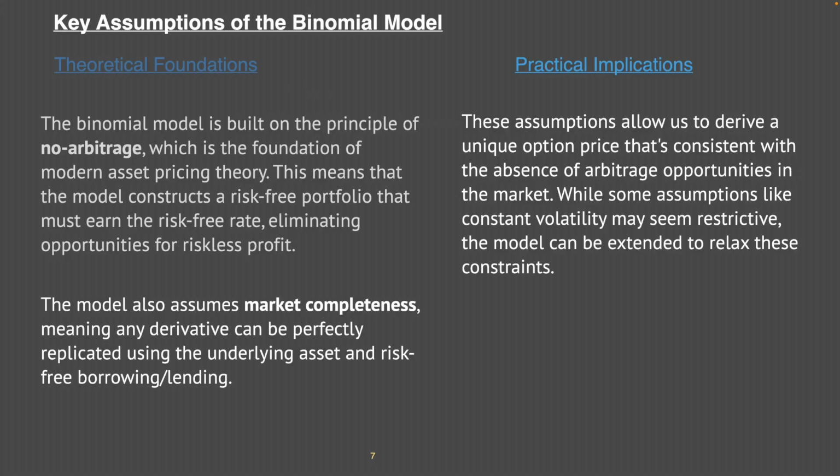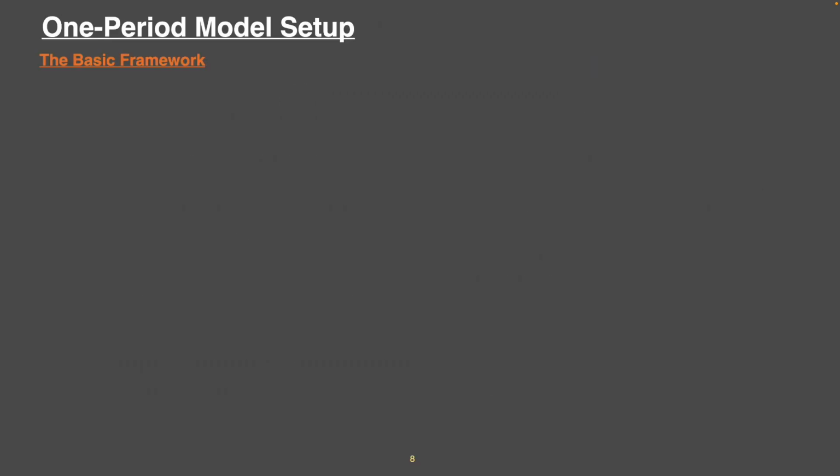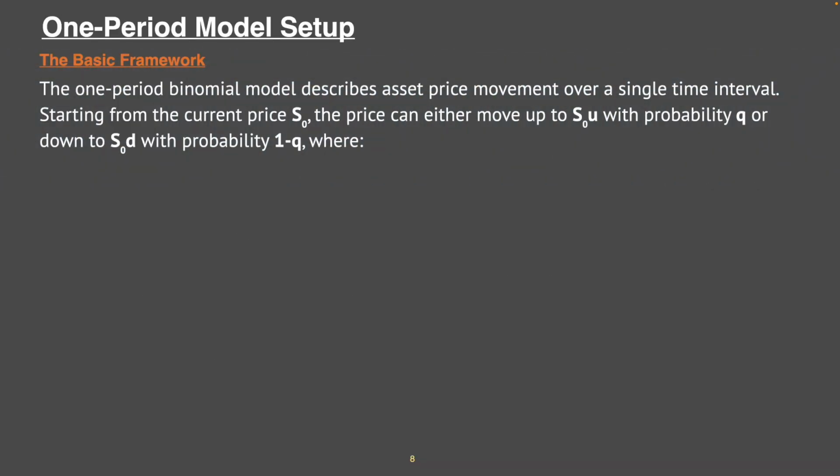The model also assumes that the market is complete and the market is perfect. However, in the real world, the market cannot be perfect. Taxes will be there, brokerages will be there, and all the people will not be uniformly informed about the market structure.